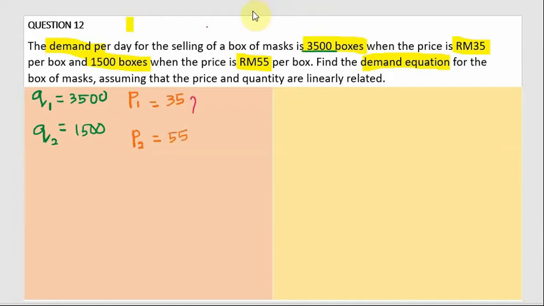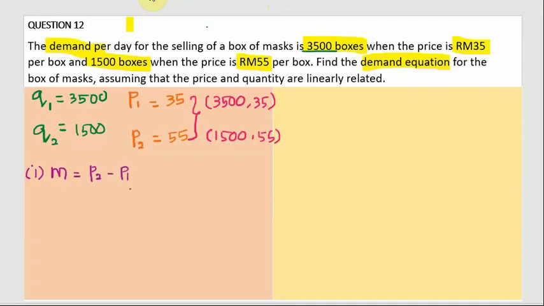Here we can write as a coordinate. So we have 3,500, 35 and 1,500, 55. First step, we have to find the slope by using M equals P2 minus P1 divided by Q2 minus Q1.